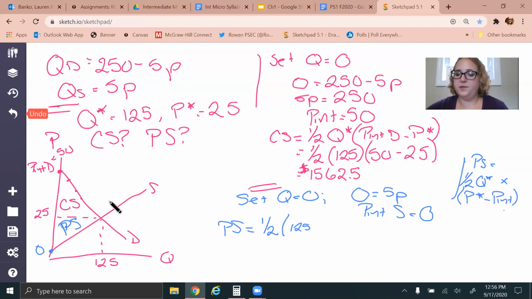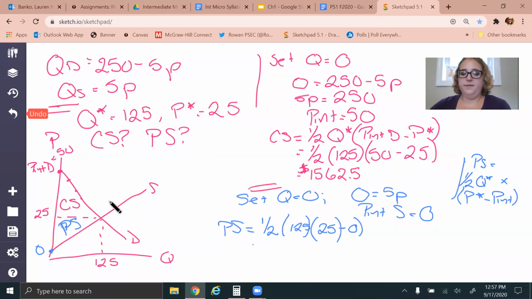So this should all be in one line. 1/2 Q star, then times P star minus the intercept. So Q star is 125 still. The price is 25, and then we're subtracting 0 if we want to be more accurate.